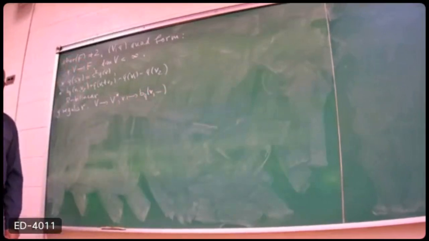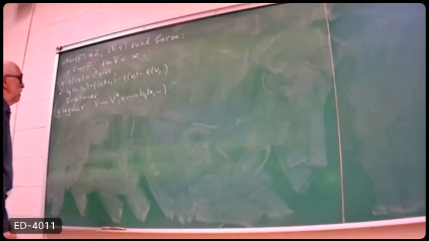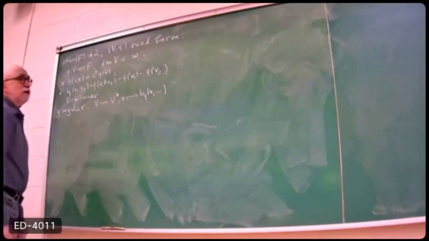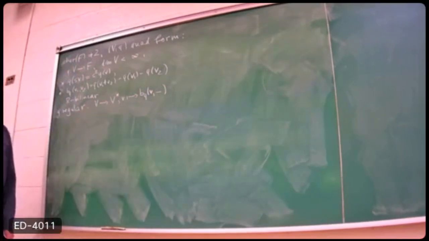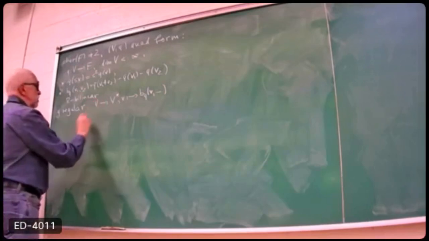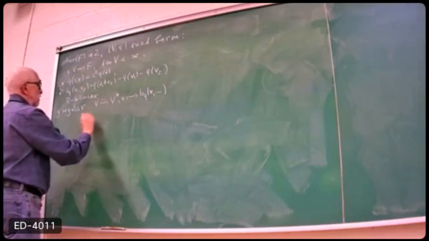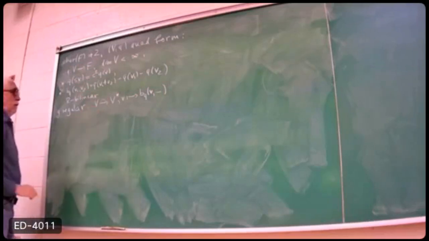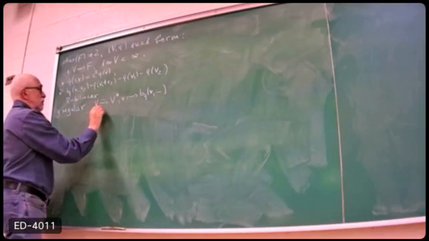This function is a linear form, and this is always well defined for any quadratic form. The quadratic form is called regular if and only if this is an isomorphism of vector spaces.